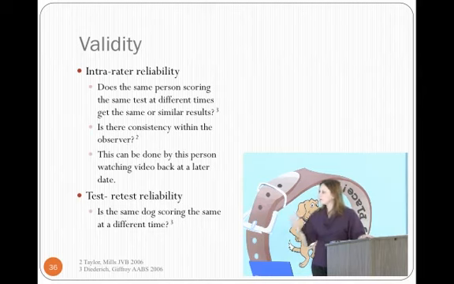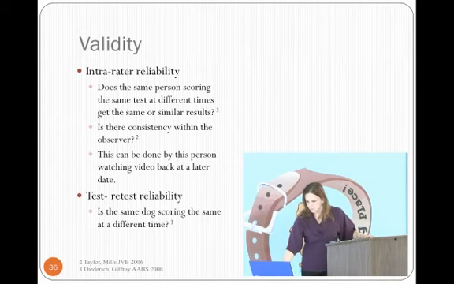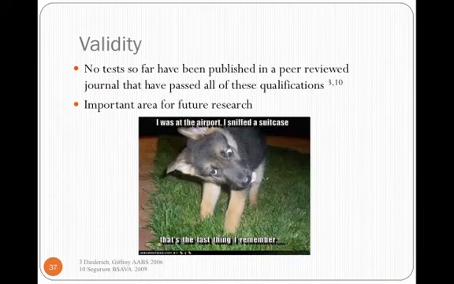And so, again, ideally the dog is the only variable in the test. So if we put the dog in the exact same situation, again, ideally, the dog is going to score the same. And so far, what we know about the published literature is that no tests that have been evaluated at this point have passed all of these qualifications, which is unfortunate.